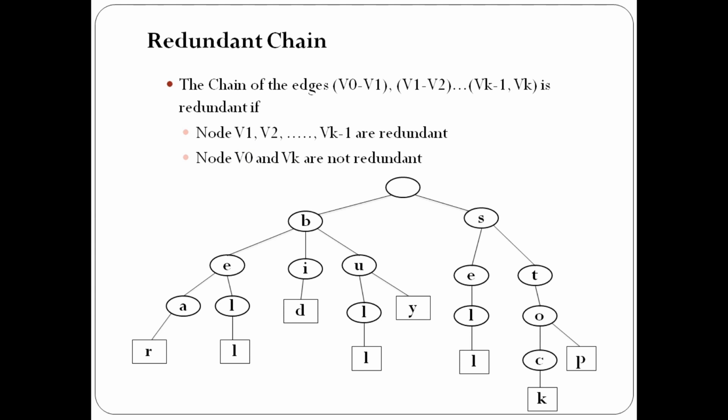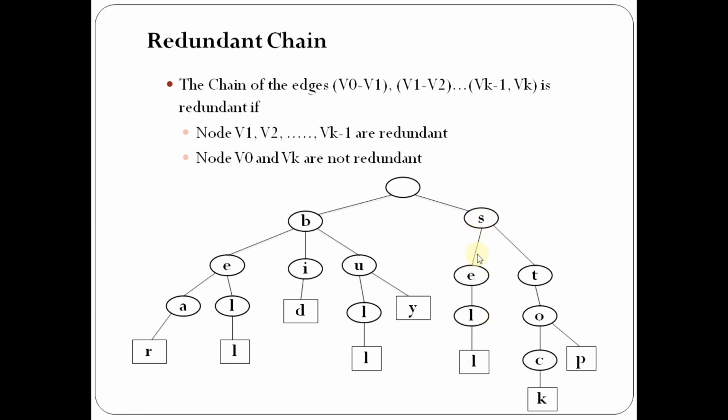If we consider the path SELL, here E and L are redundant nodes because they are not root nodes and each has only a single child. S is not a redundant node, and the last L is also not a redundant node. So we can say that all the nodes between the path ends, that is the first E and L, are redundant nodes, and the end nodes V0 and Vk are not redundant.